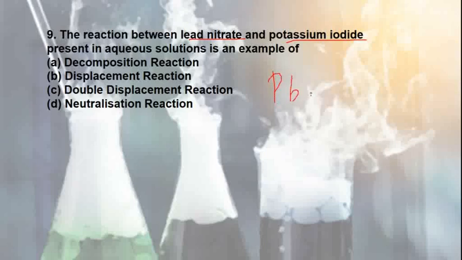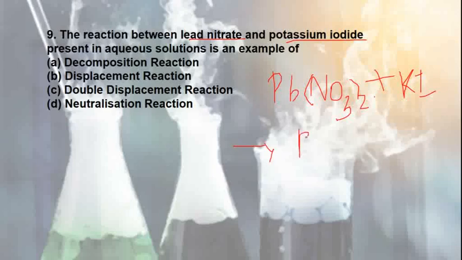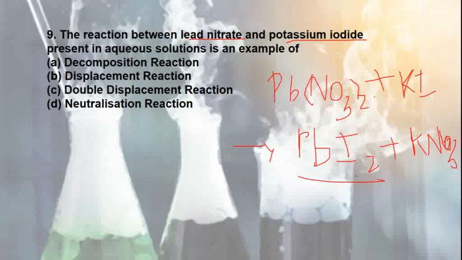Pb(NO3)2, that is lead nitrate, and when it is reacted with KI, that is potassium iodide, what is formed? Then PbI2 along with it KNO3 is formed, that is potassium nitrate and lead iodide.